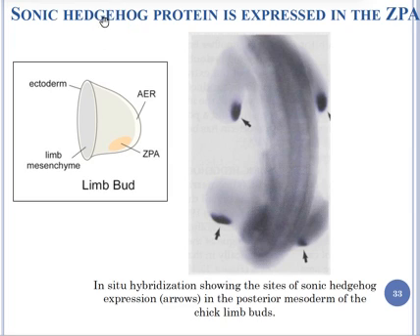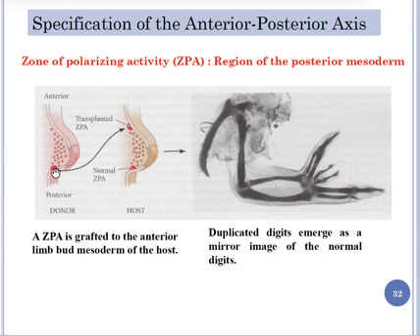This sonic hedgehog protein is expressed in the ZPA, and it co-localizes with the ZPA location right at the posterior mesoderm.